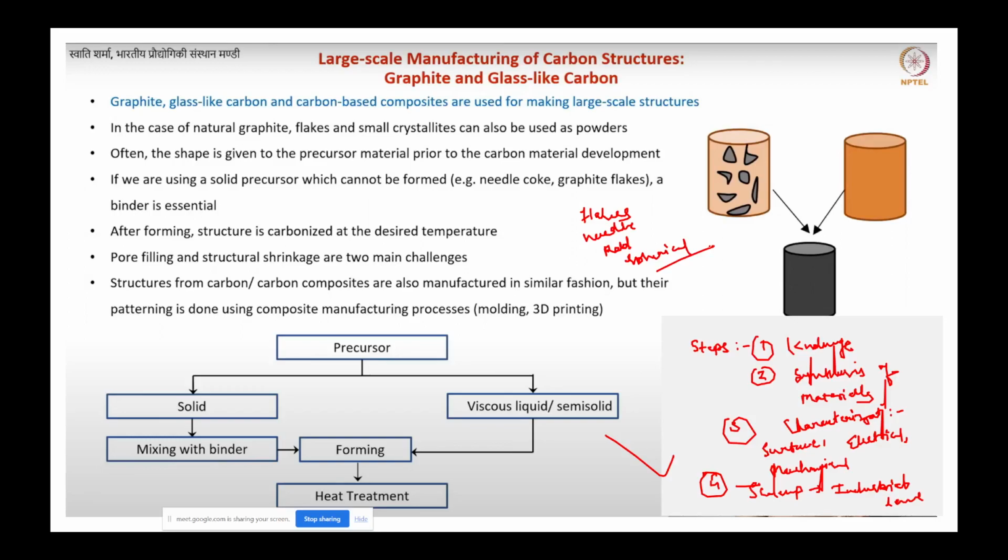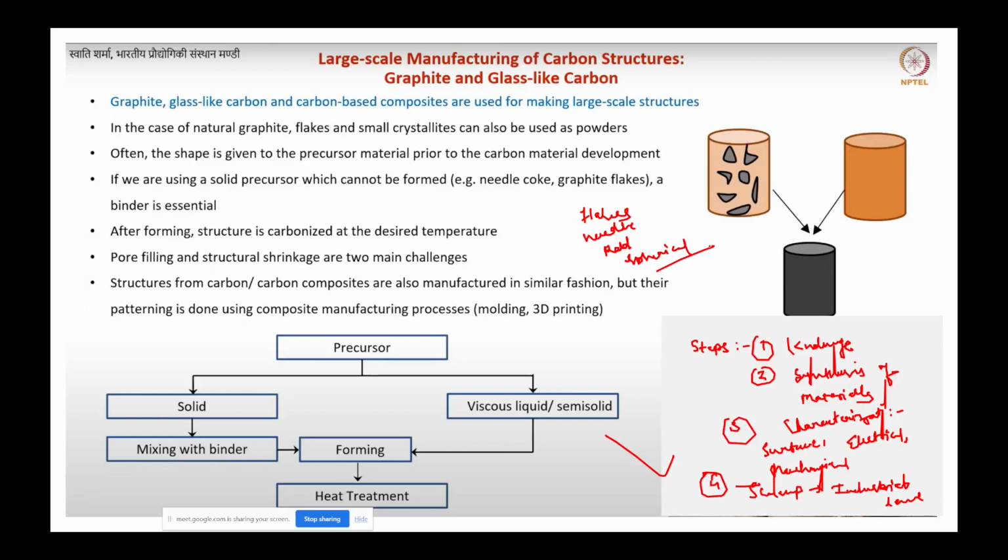So if we are using a solid precursor which cannot be formed, for example, needle coke or graphite flake, in all of these, whatever you are using, a binder is essential. The main purpose of the binder is to contribute to your process.